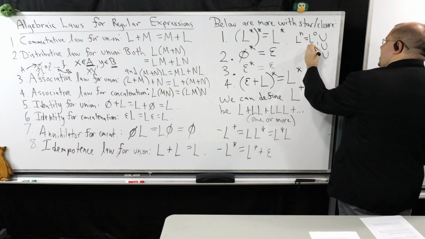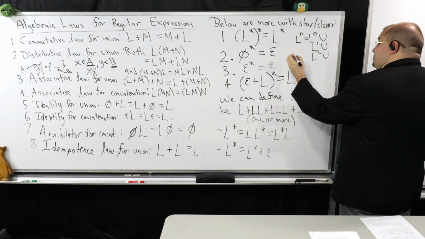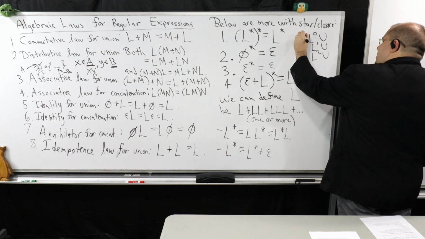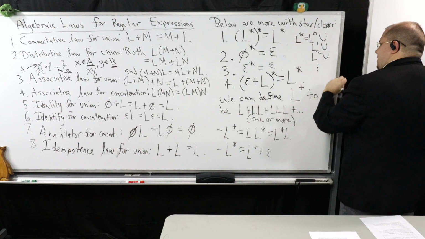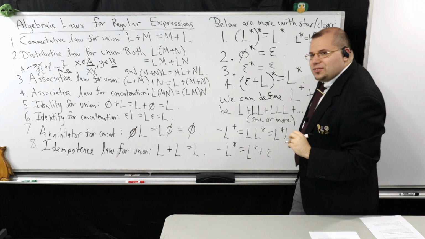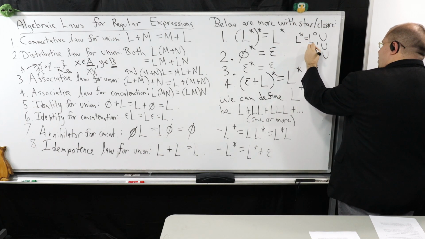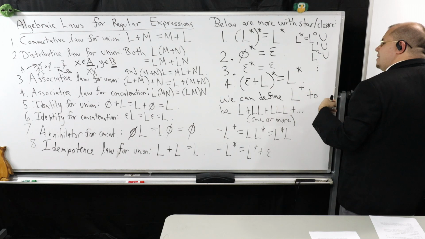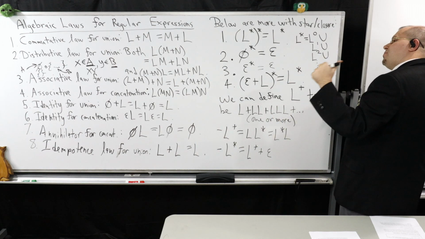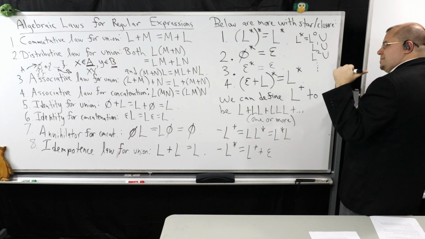So now remember, L star is just where I take this and I keep going on forever like this. So if I have, say, L1, and imagine I have a language like this. This goes back to when we were talking about regular operators, right?